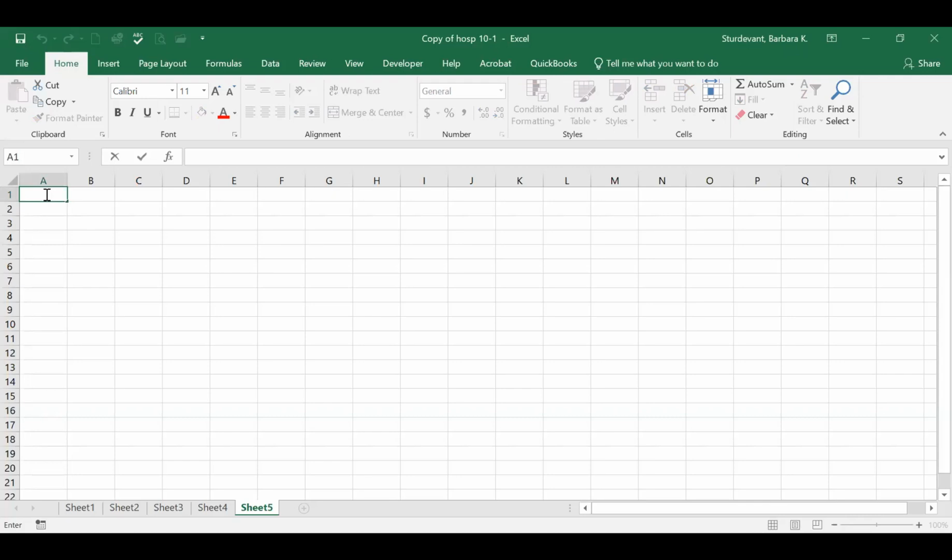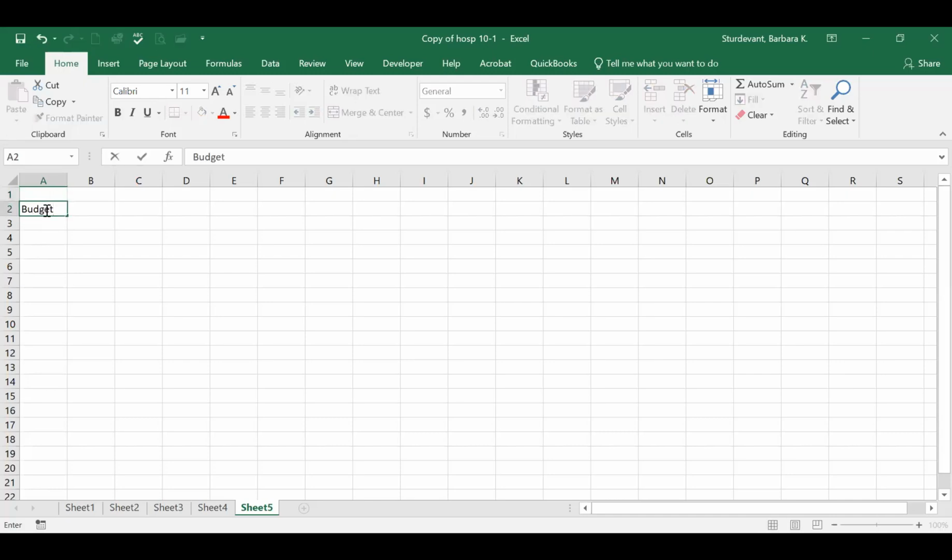So let's start with 20. This was the Athens Club. And we're going to set up the little box first with information that we have.